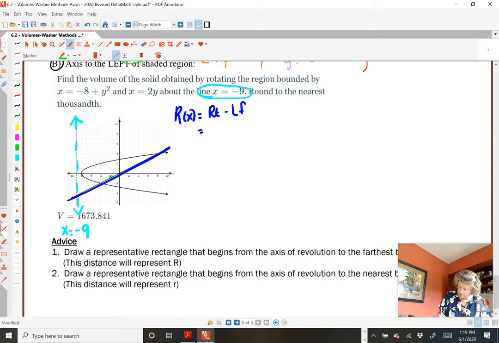All right, green. Right minus left. This will be big R of x. And that will end up looking like our linear function, 2y, minus my axis of rotation, negative 9.